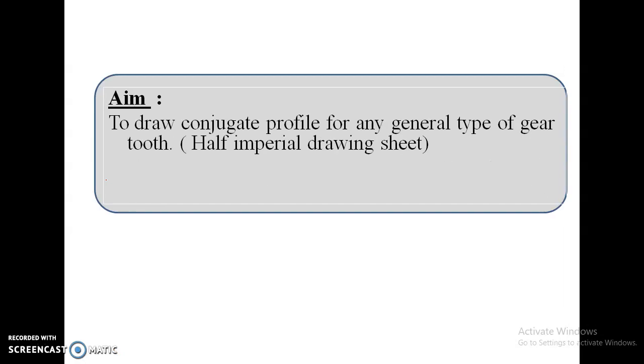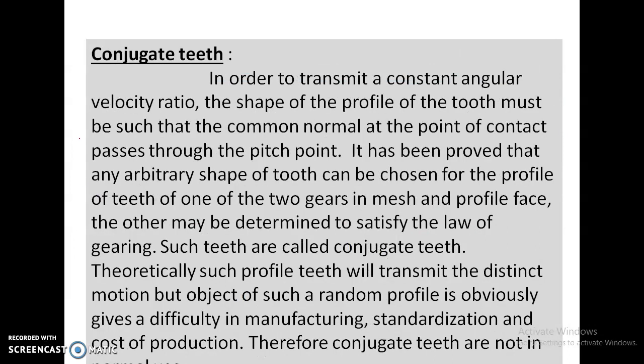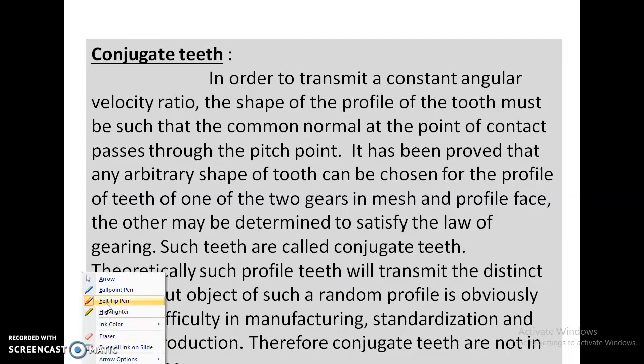Now we discuss conjugate action and conjugate teeth, that is, the gear tooth profile or action which satisfies law of gearing is called conjugate teeth, and the action is called conjugate action. But remember, as these conjugate profiles are random in nature, there is a problem of standardization, and it is also difficult to manufacture.